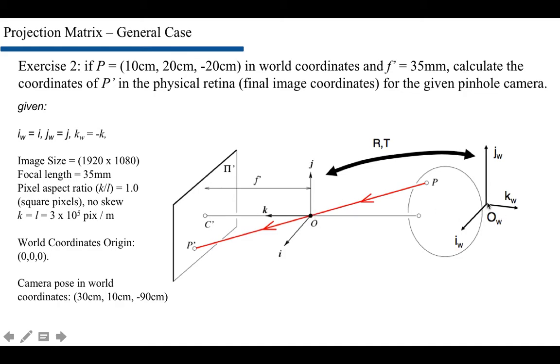So in this direction is I, which is 10, then J, for Y, is 20 centimeters. The point is behind in this direction: K is going in this direction, and 20 in the other direction, so it's minus 20 centimeters.